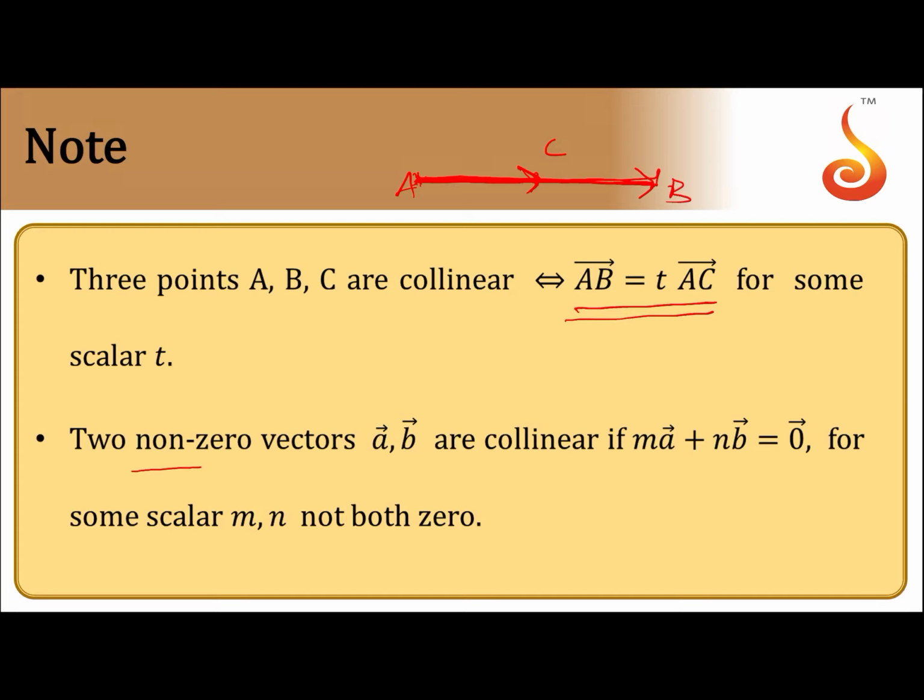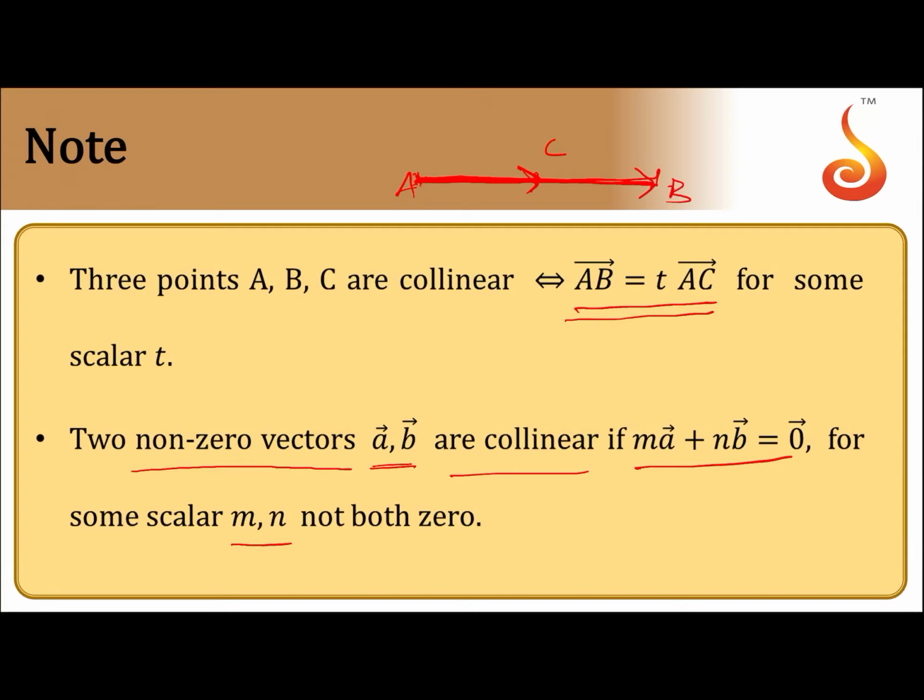Also, if two non-zero vectors a, b are collinear, then there exist m, n, both not zero simultaneously, such that m a plus n b is equal to 0.